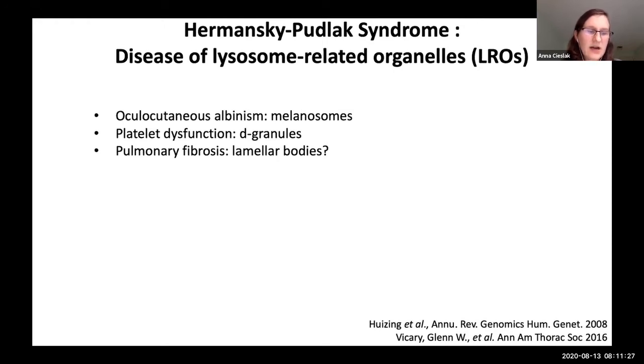HPS patients are characterized by pigmentation and bleeding abnormalities that are associated with dysfunction of melanosomes and platelet granules, respectively. In the same line, those are similar to the lamellar bodies of alveolar type 2 cells, where surfactant is stored and recycled.